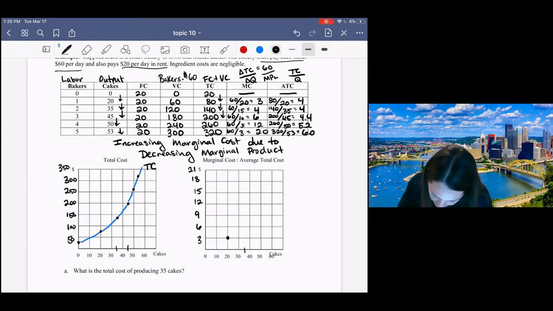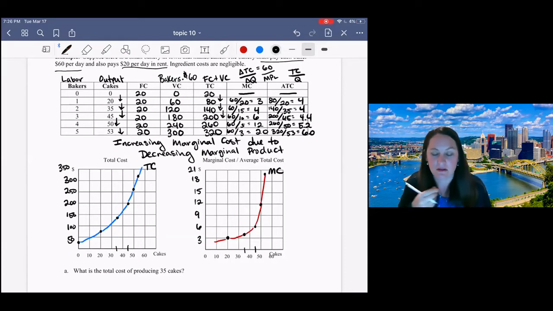Then I've got 35, 4, 45, 6, 50 is all the way up to 12, and then 53 is all the way up here to 20. So our marginal cost function here is increasing, right? This is the additional cost of each additional unit of output.